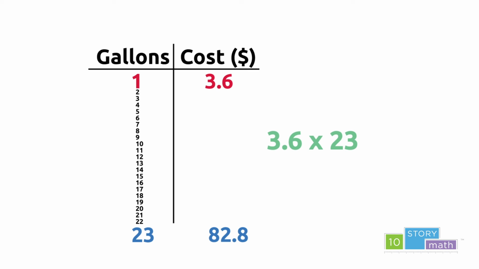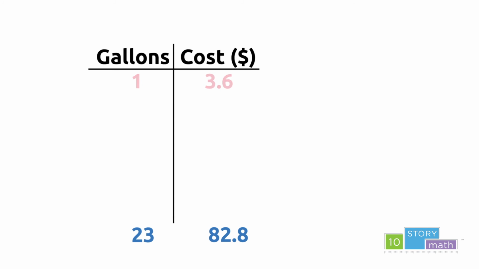And that seems very reasonable given our earlier estimation. And by the way, this same approach would have worked given the original information, 5 gallons and $18. We're going to need to use our understanding of math fact families to figure out how many times we need to count by 5 to land on 23. We know if we count by 5 4 times, we get to 20. If we count by 5 5 times, we get to 25. So we need to think 5 times what equals 23.